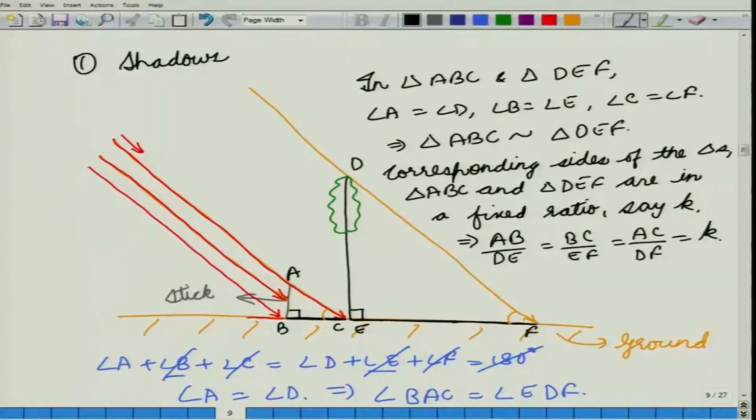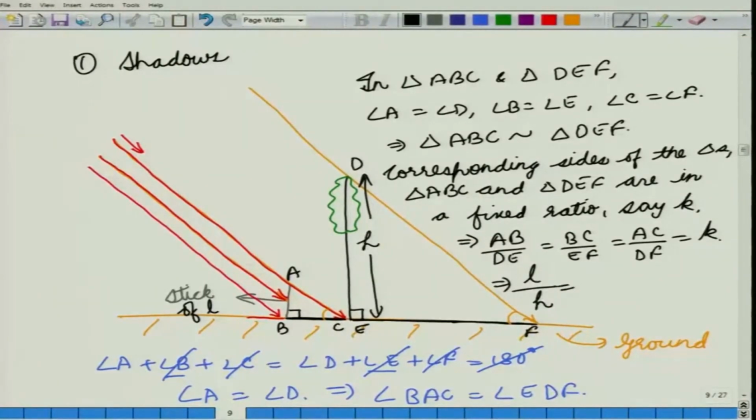Now, we are interested in knowing the height h of this tree. Because we have taken this stick, we can measure its length and suppose it is L. So, this equation would tell us that AB, which is equal to L, upon DE, which is equal to h, is equal to BC upon EF.